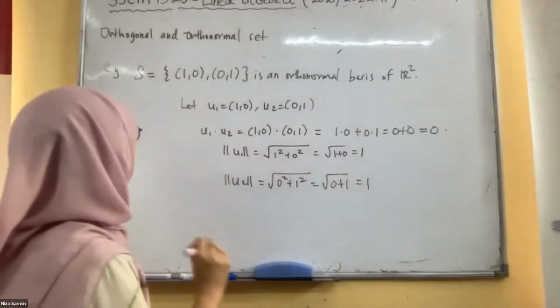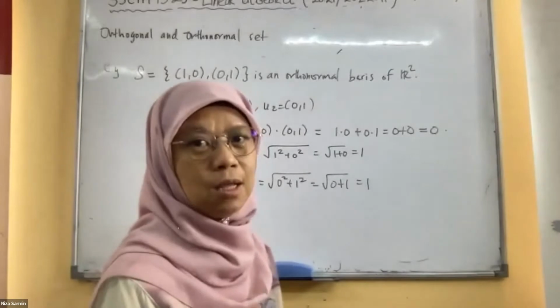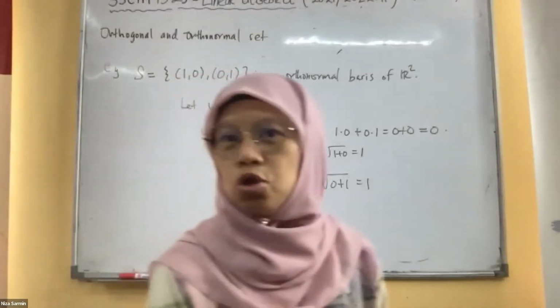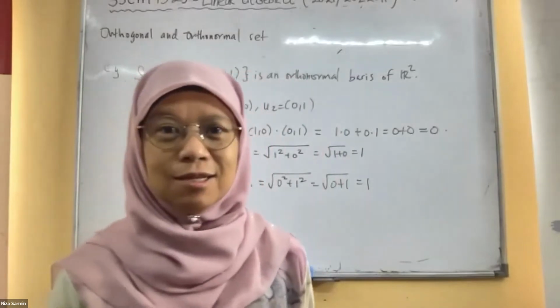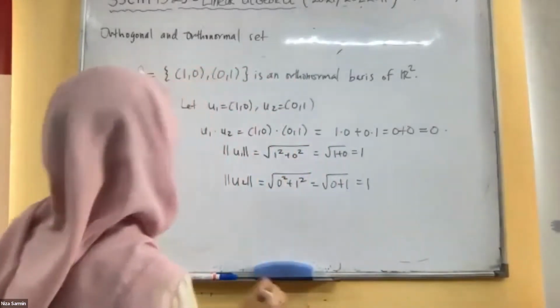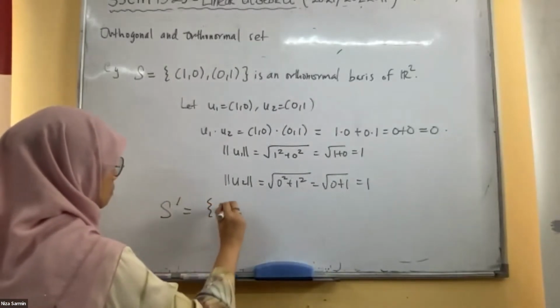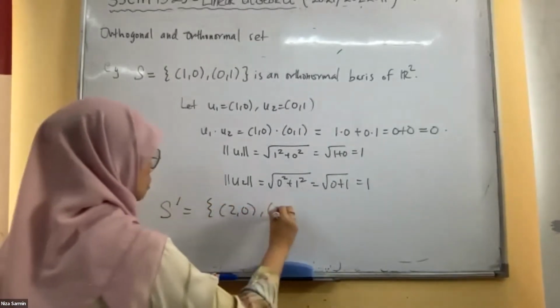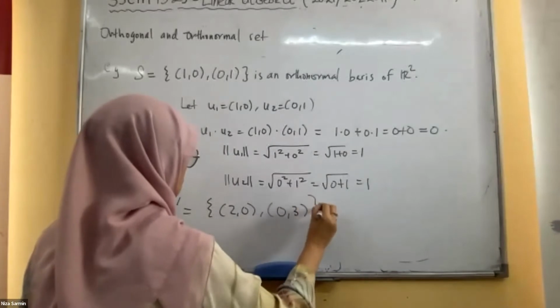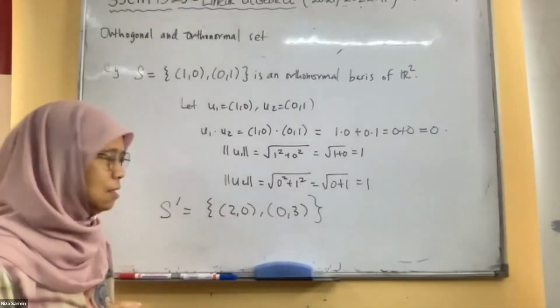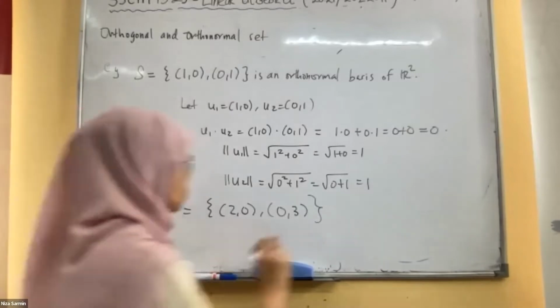So S is an orthonormal basis, right? Some sets are orthogonal but not orthonormal. For example, S prime: (2, 0), (0, 3). Right, this is a basis. Okay, this is orthogonal.